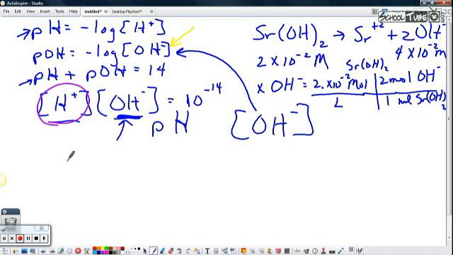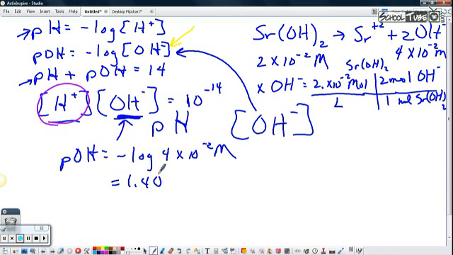So, pOH is equal to the negative log of this OH concentration, which we said was 4 times 10 to the minus 2 molar. You take out your calculator and that gives you what? Pardon? 1.40 is the pOH.